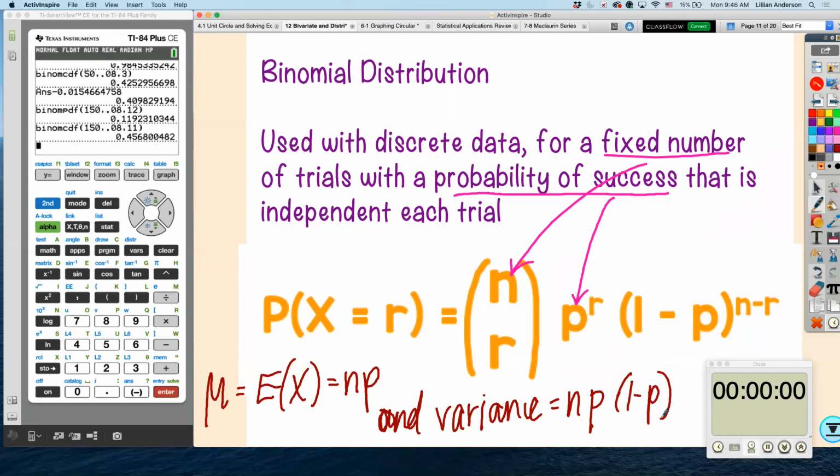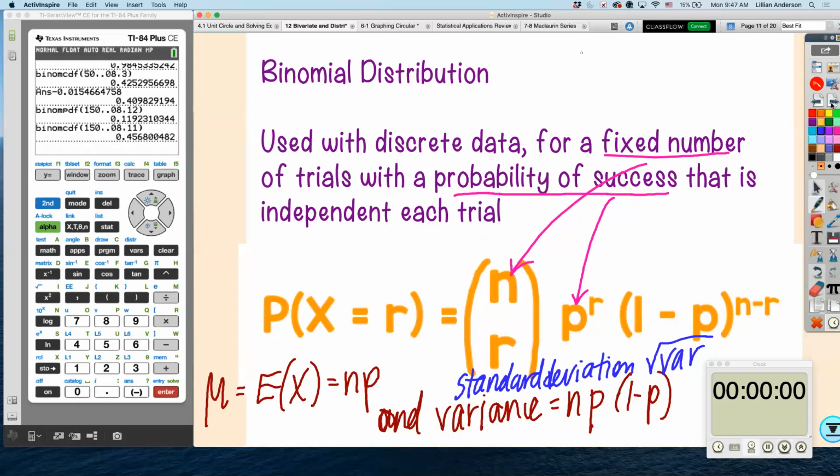So essentially your number of trials times your probability of success times your probability of failure, okay? And then standard deviation is what? It is the square root of variance. So don't forget about that, because it could ask you for the standard deviation or the variance of a particular situation.